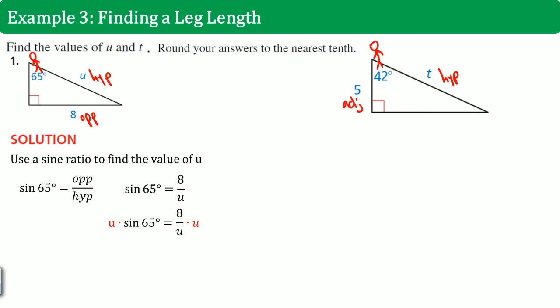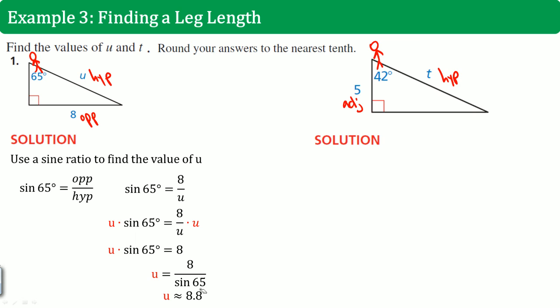Multiply u to both sides, so this can cancel out. You have u sine 65 equals 8. Now you have to divide sine 65 to both sides. That's how they get there. U equals 8 divided by sine 65. If you plug that into your calculator, you should get u is approximately 8.8.